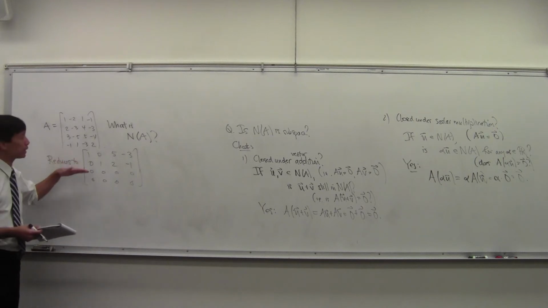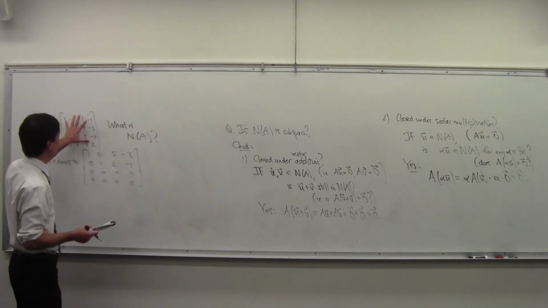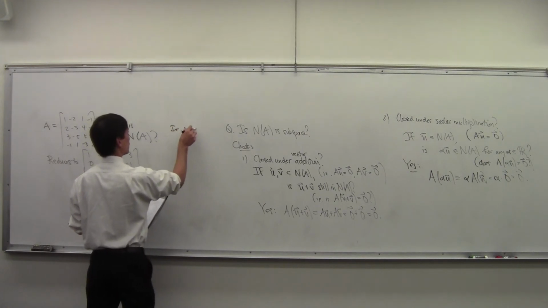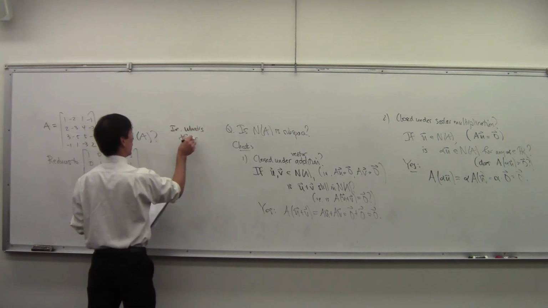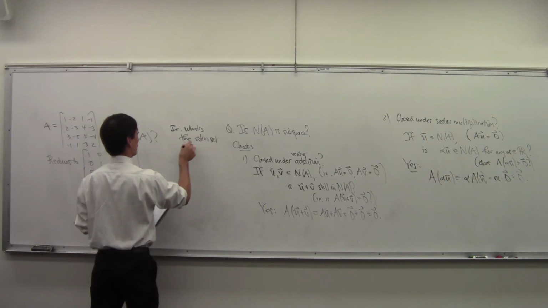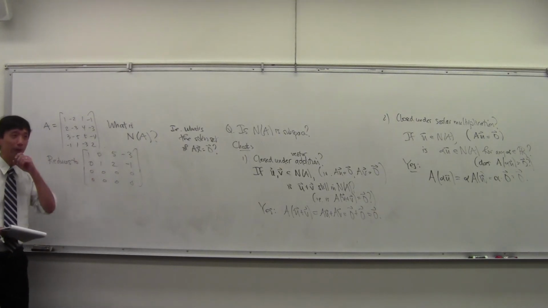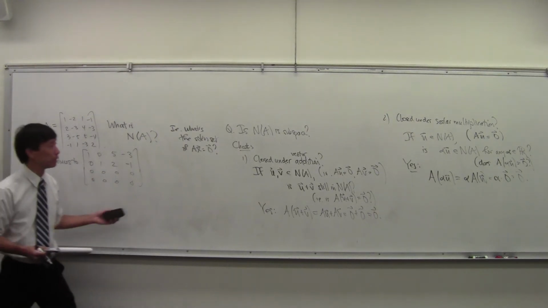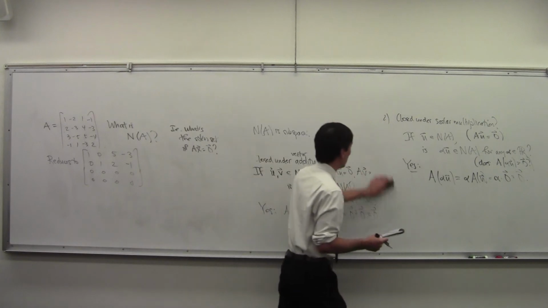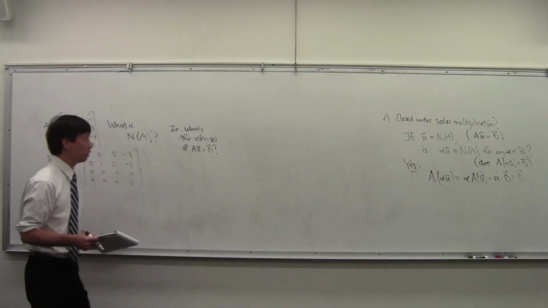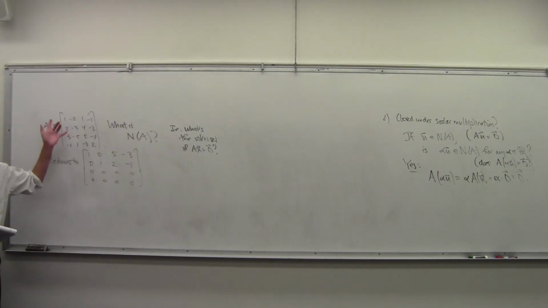So you're basically asking, what's the solution set of AX equals 0? Well, we've been doing this all along. We didn't use this language, but we've done this many times already. So how would you do it?